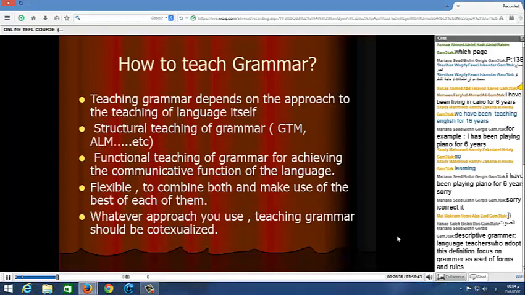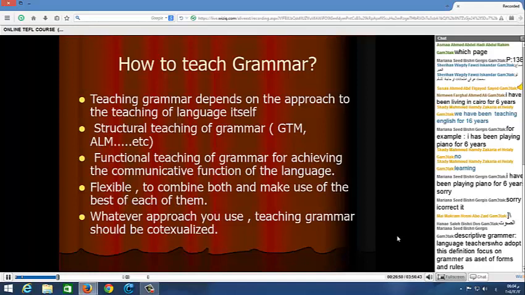The second point to talk about is the contextualization of grammar. Grammar shouldn't be taught in isolation, as we mentioned in teaching vocabulary. Vocabulary shouldn't be taught out of context, shouldn't be a kind of list for the learners to memorize.